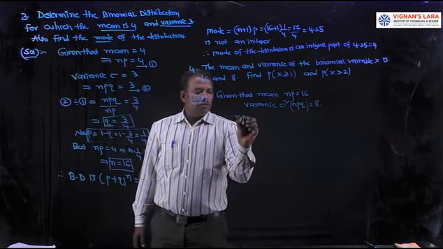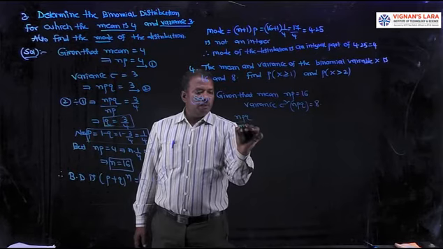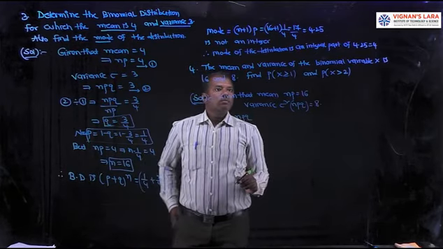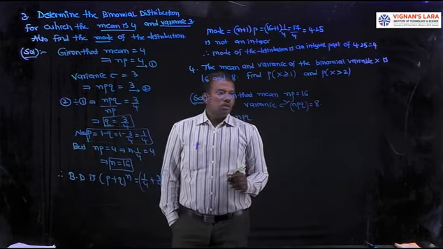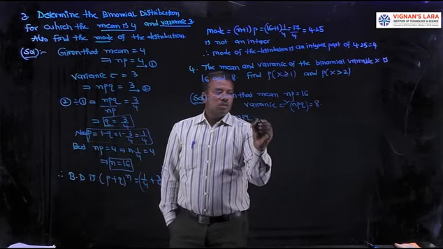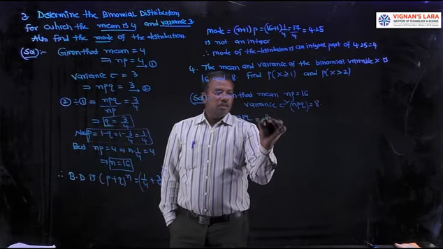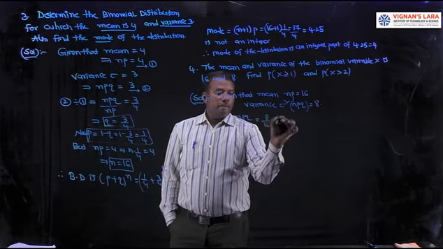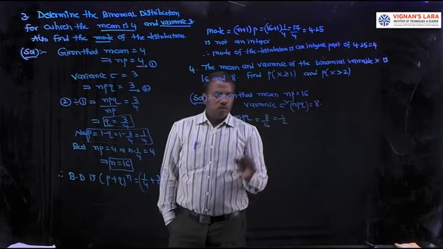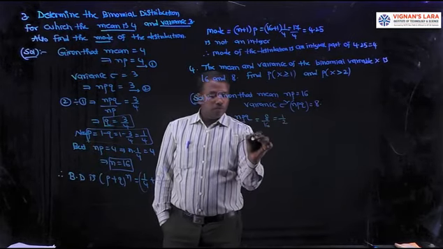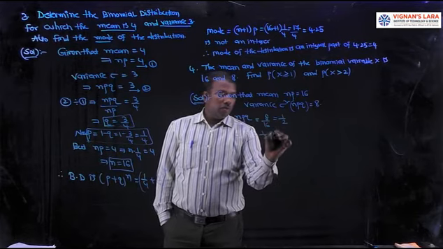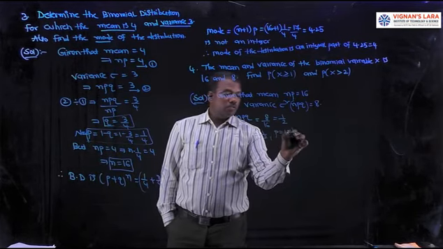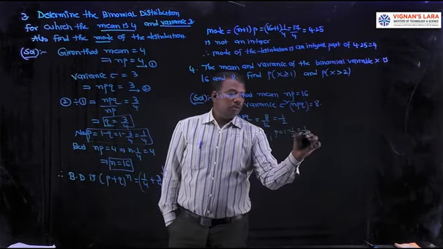Dividing npq by np gives 8 by 16, which is 1 by 2. Then q is 1 by 2. So what about p? 1 minus 1 by 2 equals 1 by 2.